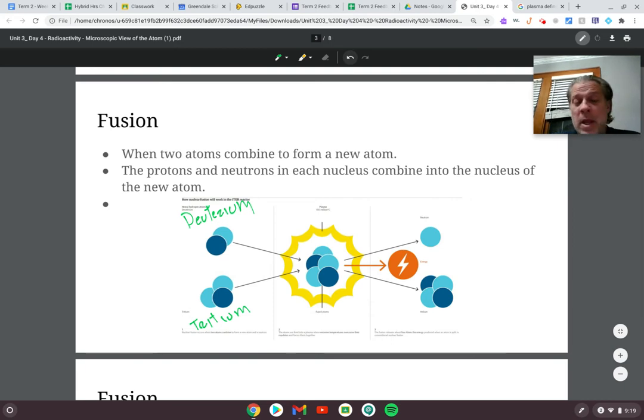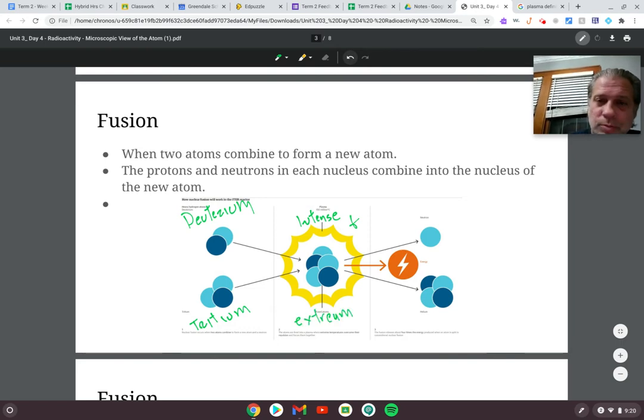One of them has just a proton and a neutron, and the other one has a proton and two neutrons. When they are put into the right conditions, they tend to collide, and the right conditions are intense and extreme heat. Those two atoms tend to form plasma.